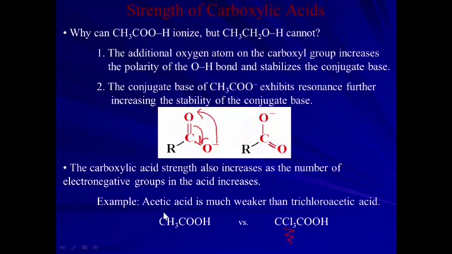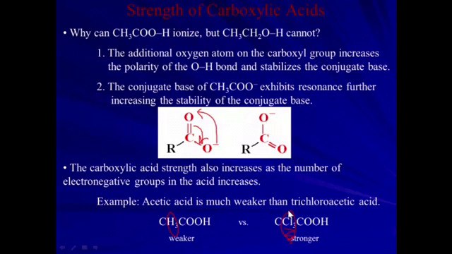So compare the electronegativity of hydrogen to that of chlorine. Chlorine is much more electronegative than hydrogen, so it's able to pull more of the electrons away, therefore making the acid a little bit more acidic.